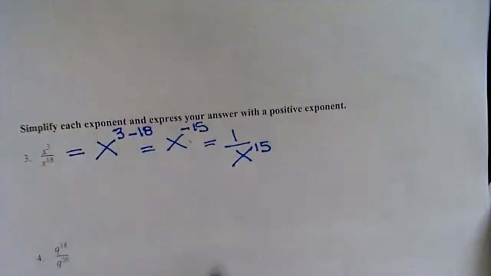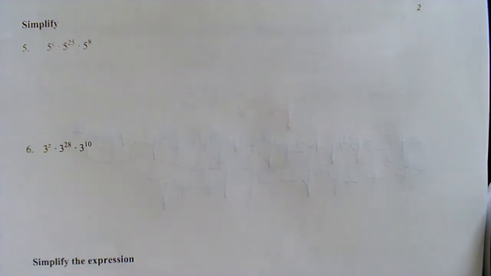Now, let's go to number 5. It says simplify. It's kind of hard to see, but so what do we have here? We have the same base, which is 5. We have 25 plus 8.